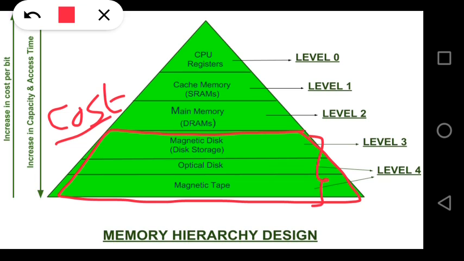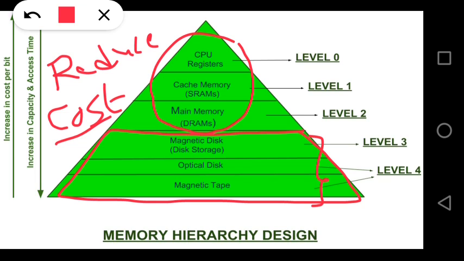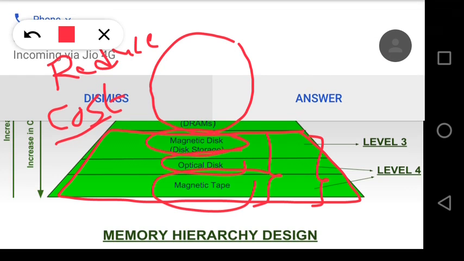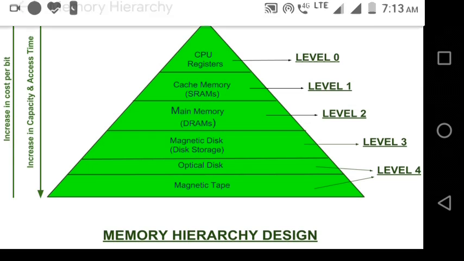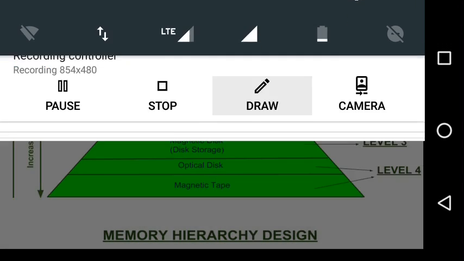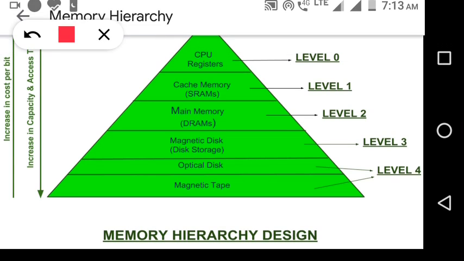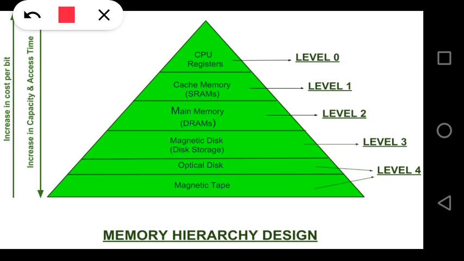It's not required for having the first three levels. If your goal is to just reduce the cost, because these magnetic disk, optical disk, and magnetic tape are cheap when you compare with the CPU registers, cache memory, and main memory.